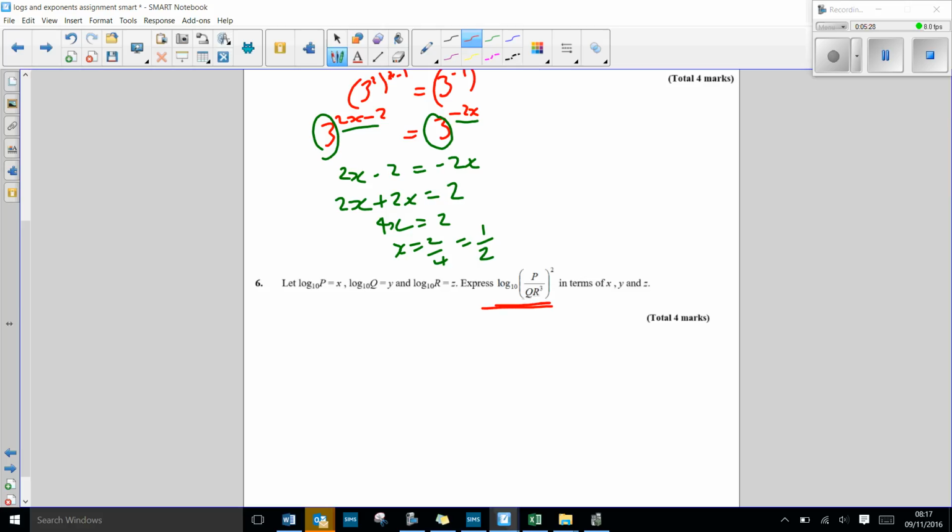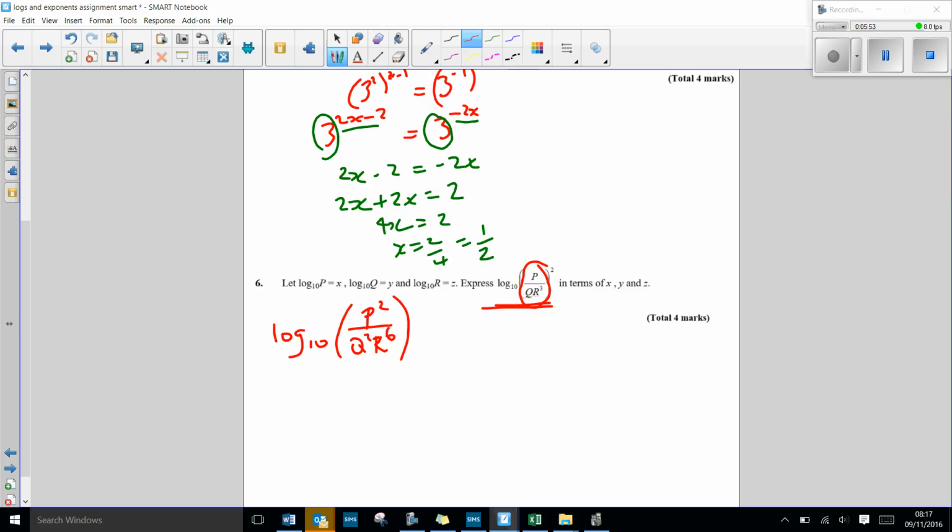First things first, I know that this whole expression here is squared. So I'm going to first of all rewrite this as log of p squared over q squared r to the power 6. So what I've done is I've squared all of my terms in that fraction.